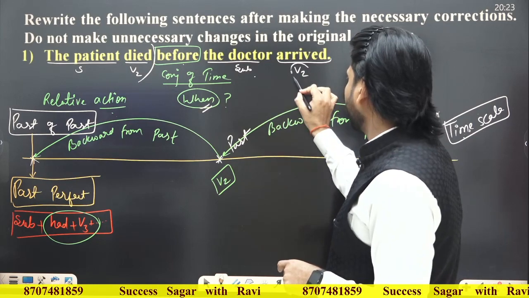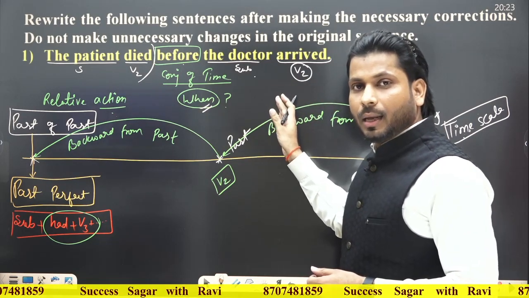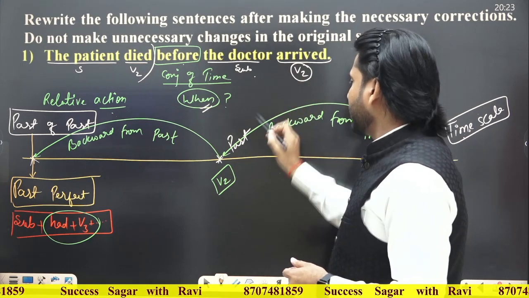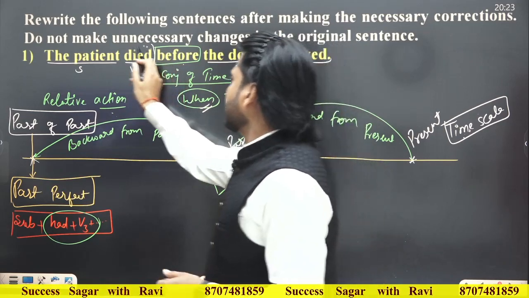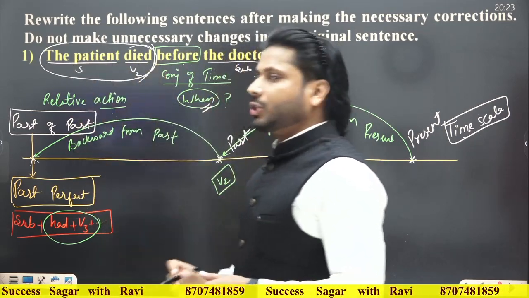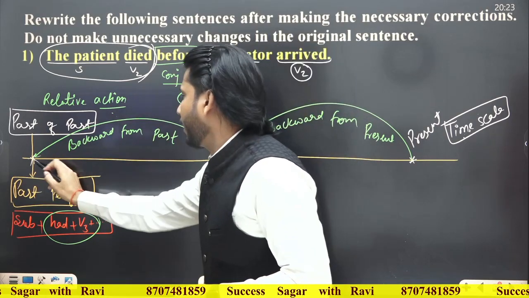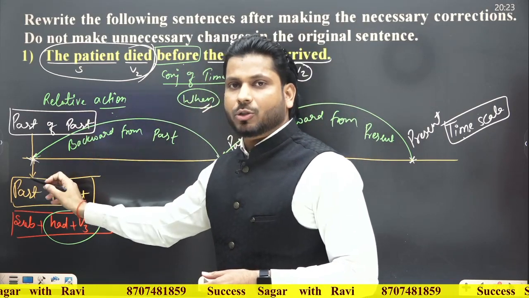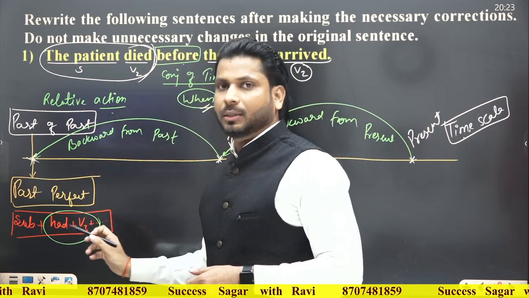As the second form of the verb over here is used, it's obvious the given sentence is in past. If it is in past and if that took place before this one, it means this particular event will take place here in past of past. If it is in past of past, we'll have to use the structure of past perfect, had followed by the third form of the verb.